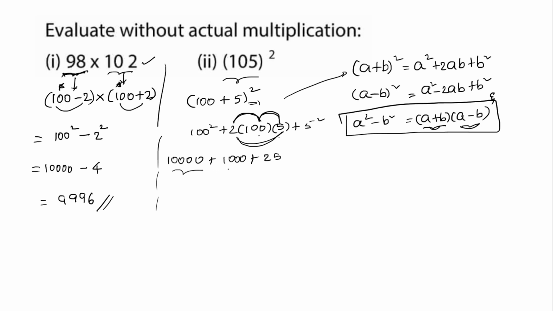So 10,000 plus 1000 plus 25, that means 11,025 is the answer. So 105 square is 11,025. Remember, 105 is 5 more than 100, so it is (100 plus 5) whole square, which is (a plus b) whole square. Here a is 100 and b is 5. (a plus b) whole square is a square plus 2ab plus b square, right?